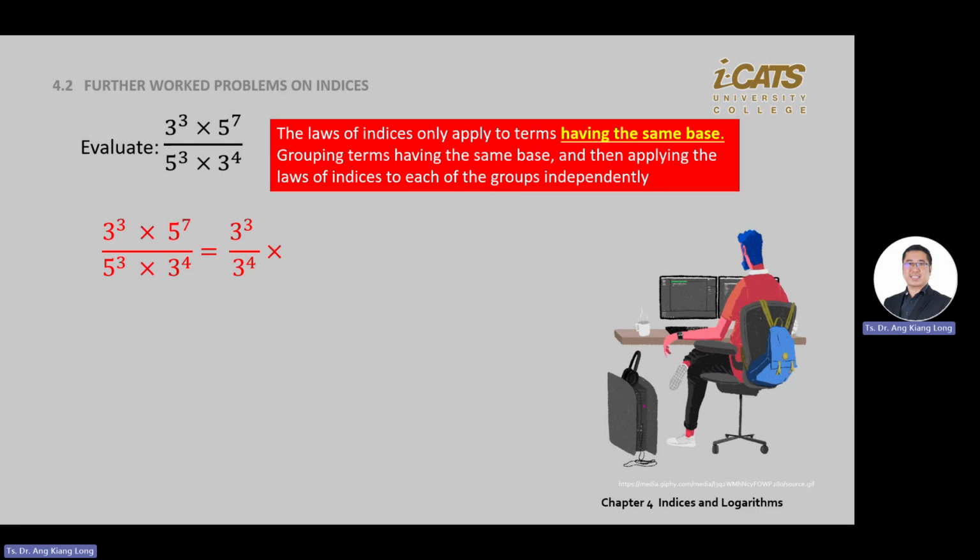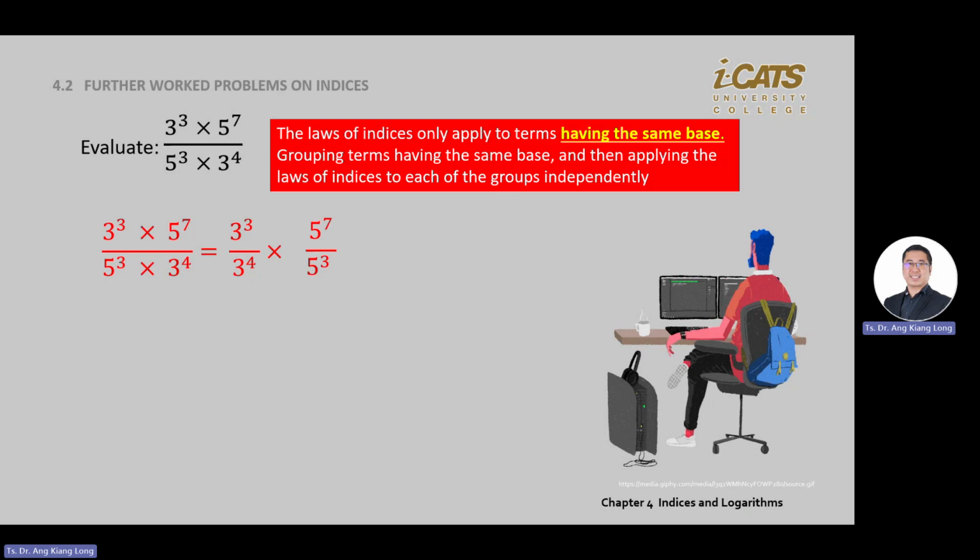Then you pull the base 5 together. Okay. So this is indexes. Next week, in the second session, you will see logarithm, log.